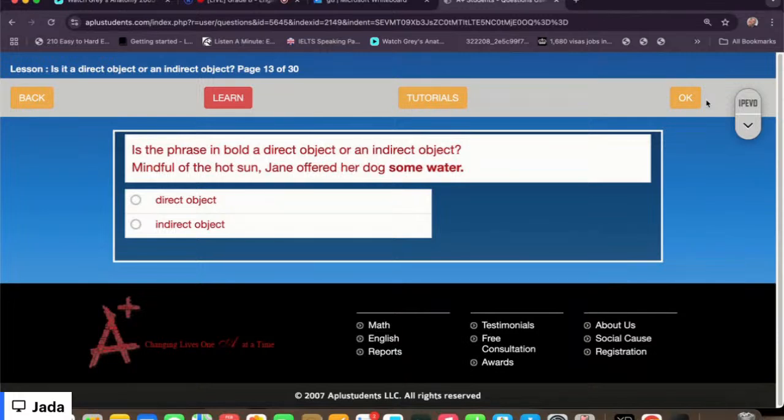So yeah, we have, mindful of the hot sun, Jane offered her dog some water. What do you think, direct or indirect? So we have direct.